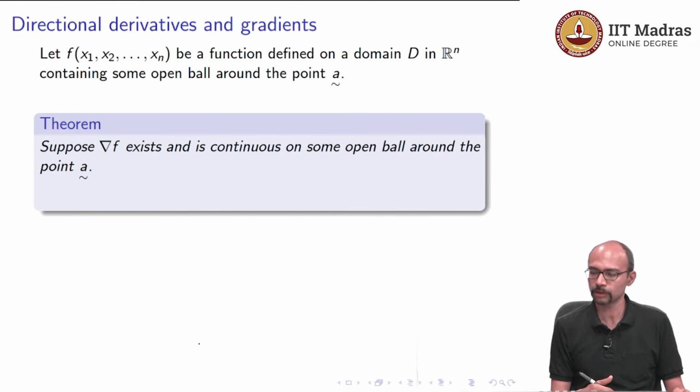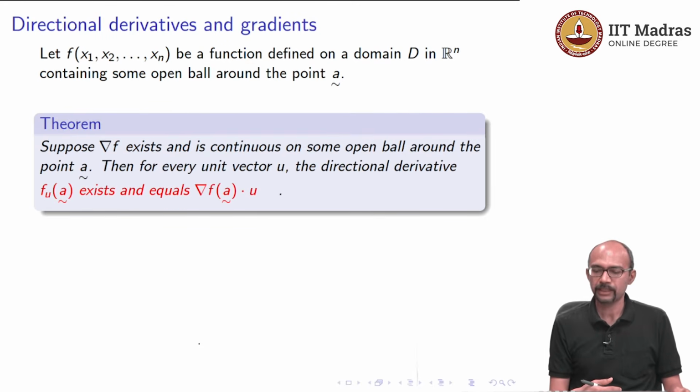And is continuous on some open ball around the point A tilde. So, it is not just continuous at that point, but it is continuous around that point as well. So, at all points close by that point. Then for every unit vector u, the directional derivative f subscript u at A tilde exists and equals gradient f of A tilde dot u.